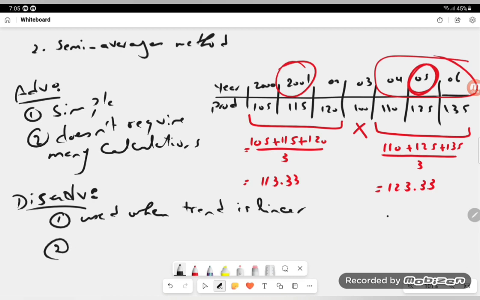Number two, averages are affected by extremes. So say, for example, if this is 1 instead of 105, the value will vary completely.